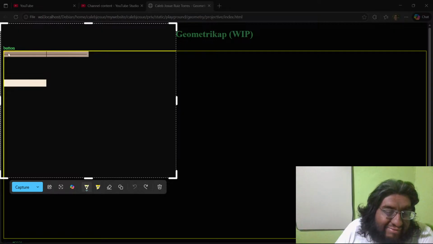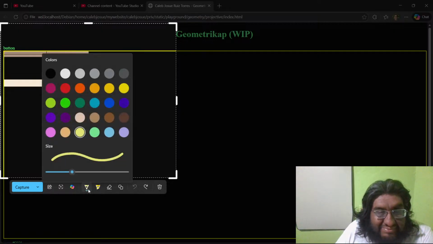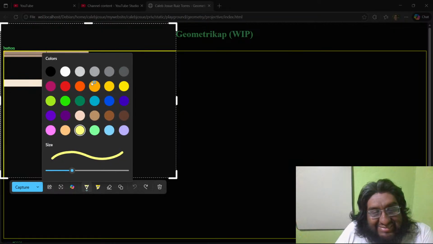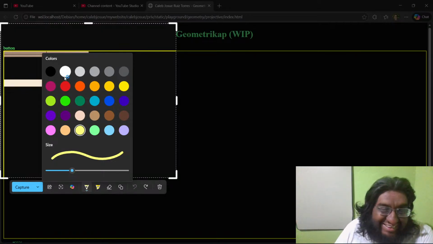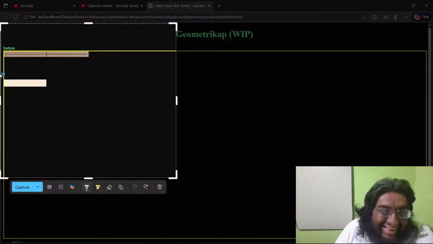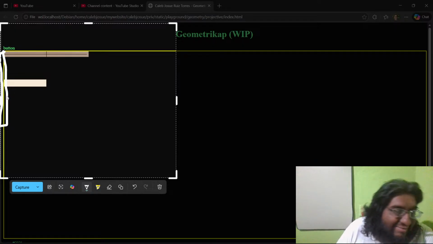But now we have rotated. How these people write this also anyway? We have rotated the thing 90 degrees. This line you cannot see. We cannot see these lines.